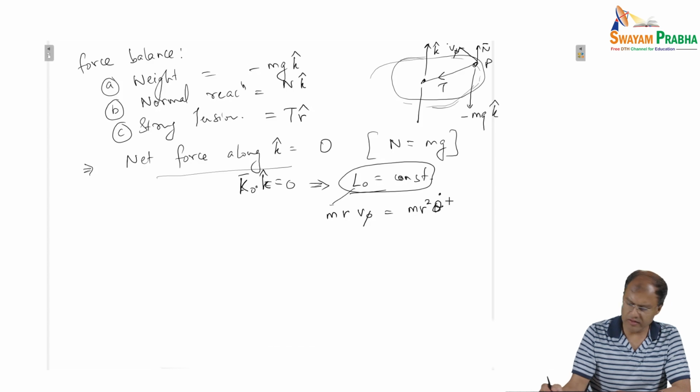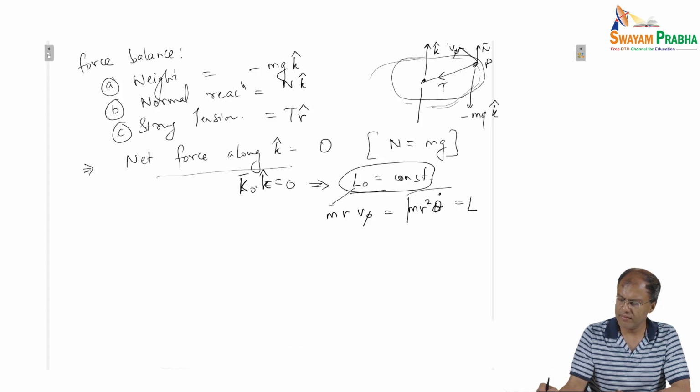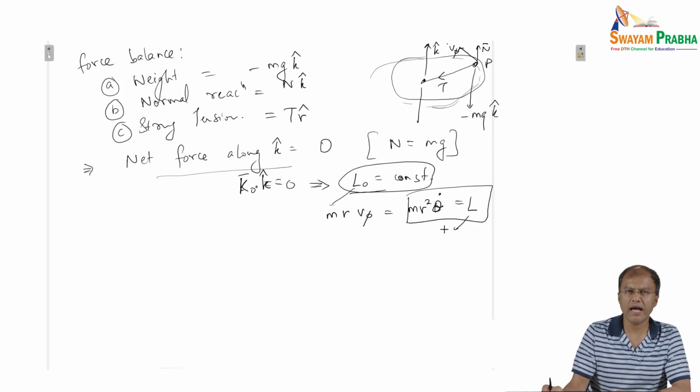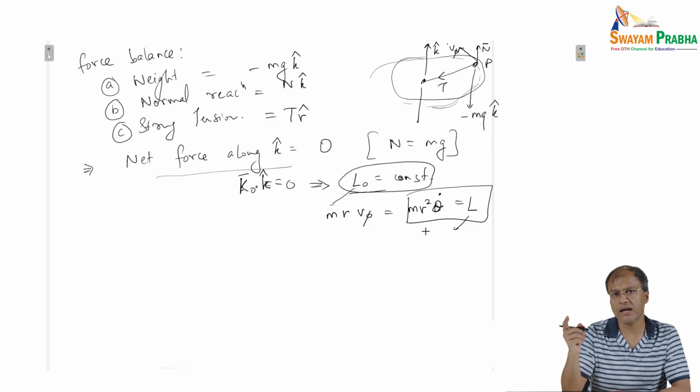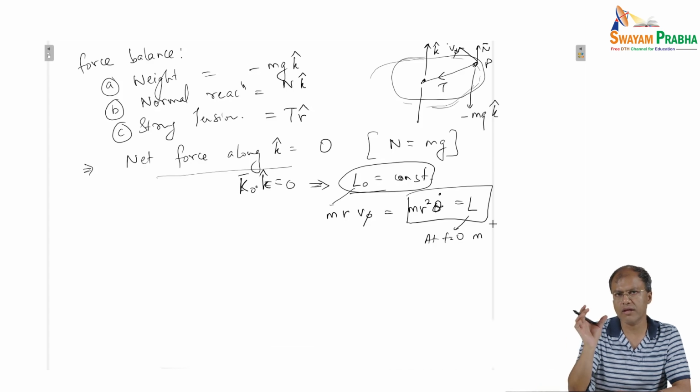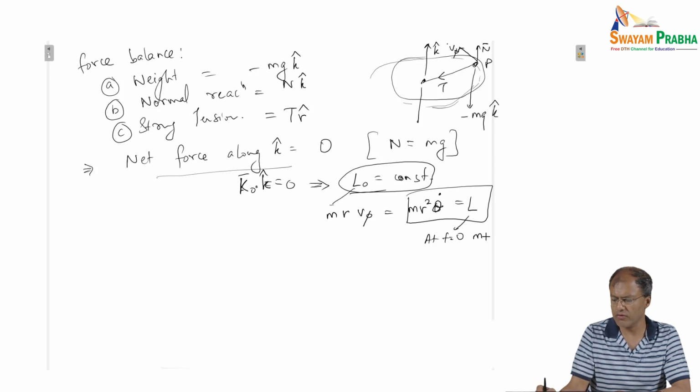So this is going to be a constant L, and we can evaluate L using our initial condition. At t equal to 0, the distance of the particle from the axis of rotation was a, and the velocity was u.